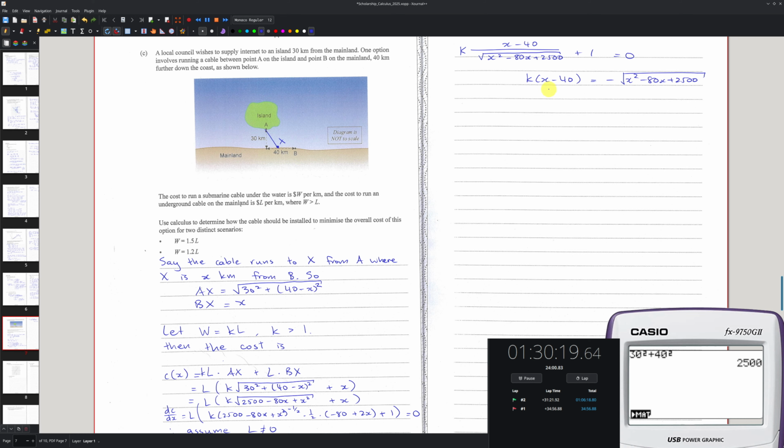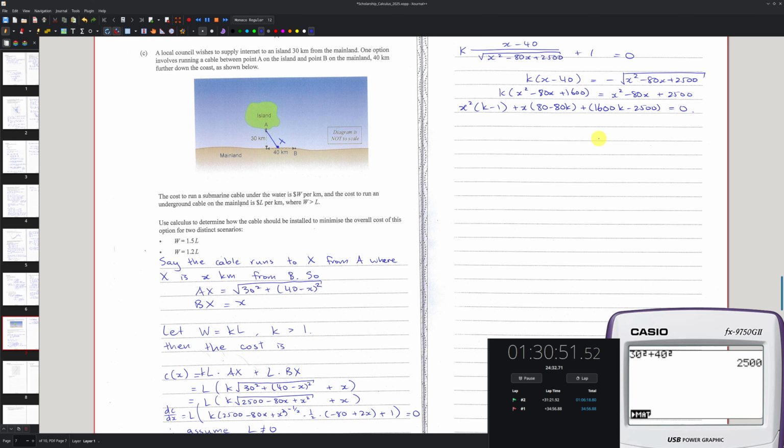And then, well, we just square both sides. K times x squared minus 80x plus 1600 equals x squared minus 80x plus 2500. X squared times (k minus 1) plus x times (80 minus 80k) plus 1600k minus 2500 equals 0.